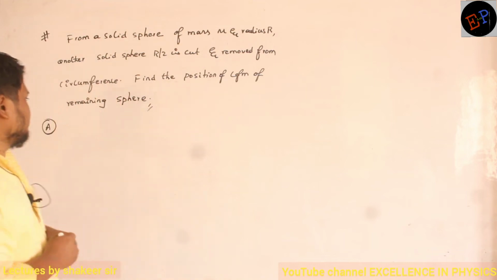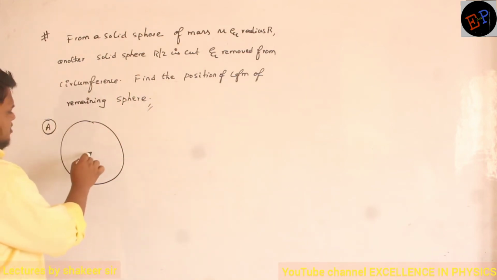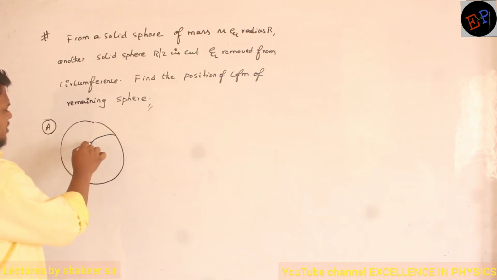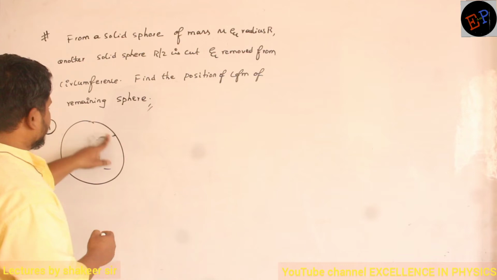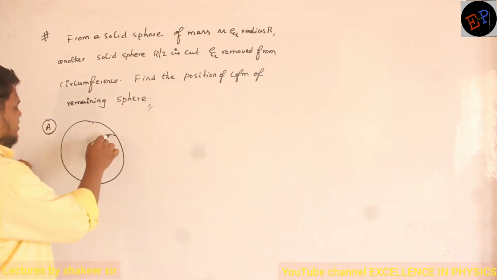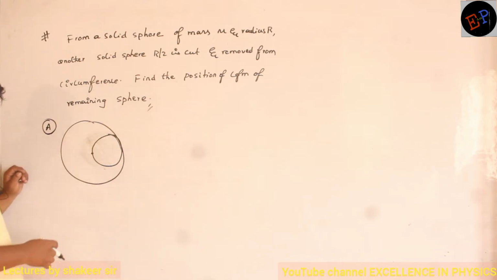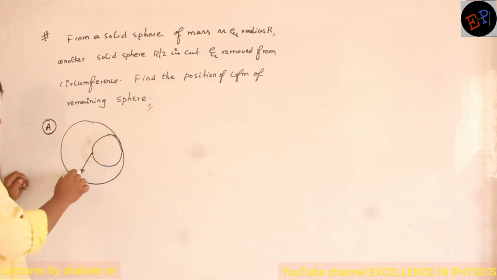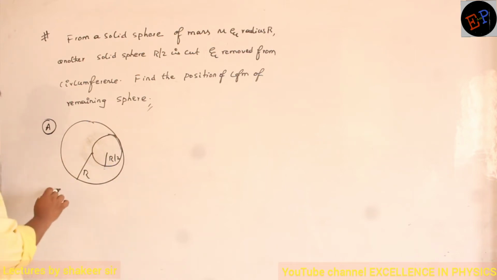Okay. So therefore, see, this is a solid sphere. So this is the center of the solid sphere. From the center another solid sphere is cut like this. Clear? And it is removed. So its radius is r by 2, and the original radius is capital R. So what is the mass of the removed sphere?